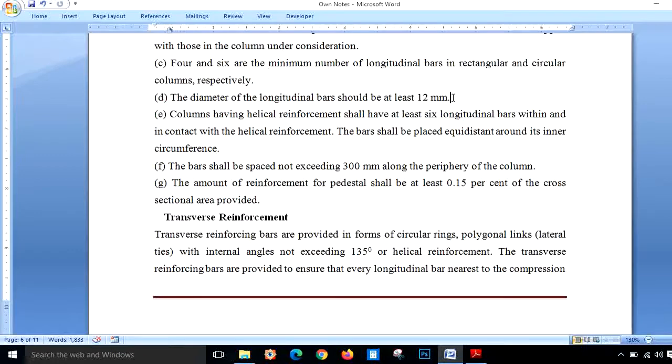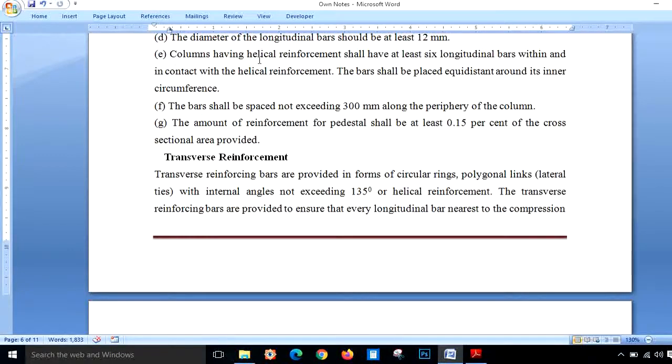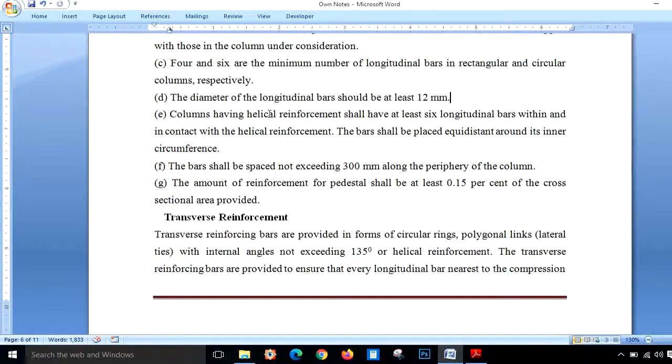Next, columns having helical reinforcement shall have at least 6 longitudinal bars. Helical reinforcement is present only in circular columns. In that case, at least 6 longitudinal bars must be present within and in contact with the helical reinforcement.